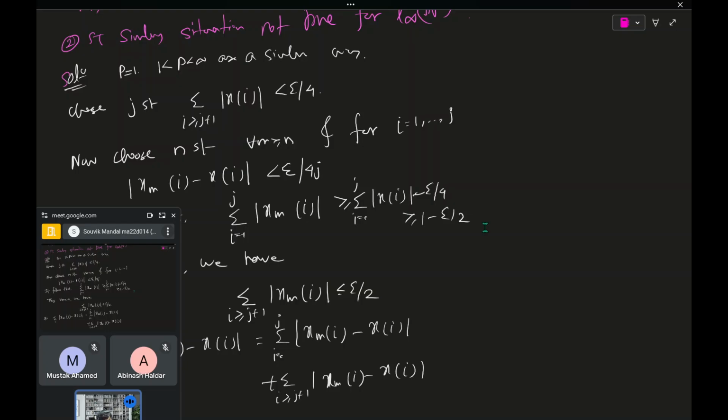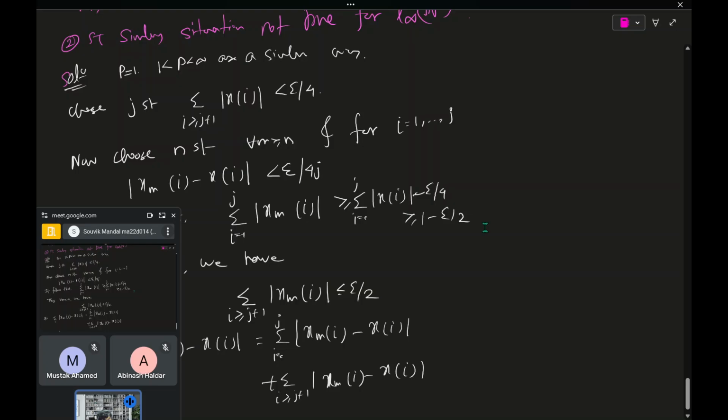This is less than or equal to epsilon by 4, plus the summation over i greater than or equal to j plus 1 of |x_m(i)| plus the summation over i greater than or equal to j plus 1 of |x(i)|, which is epsilon by 4 plus epsilon by 2 plus epsilon by 4.